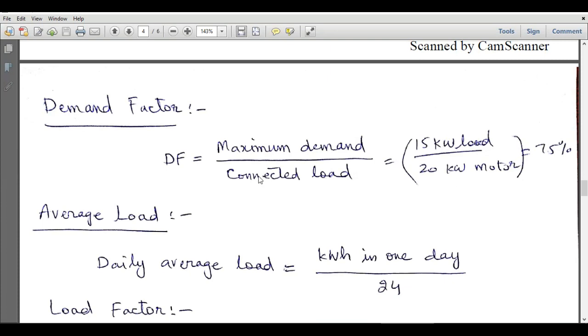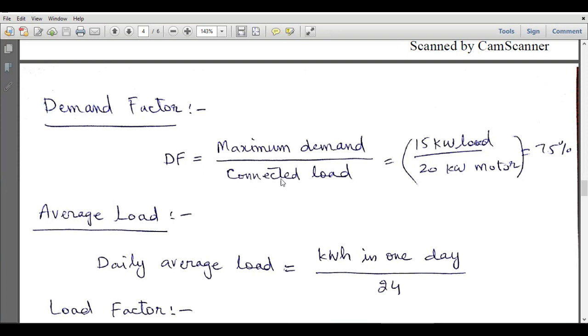So the connected load is the load which is installed in the whole house, but that may not be in operation all the time. For example, we have five air conditioners and we have three refrigerators, and not all the refrigerators or not all the air conditioners are working all the time, right?